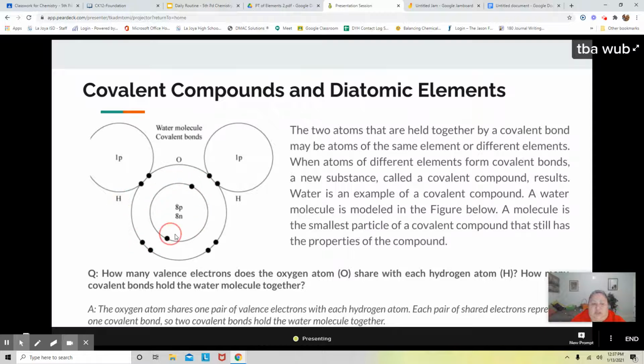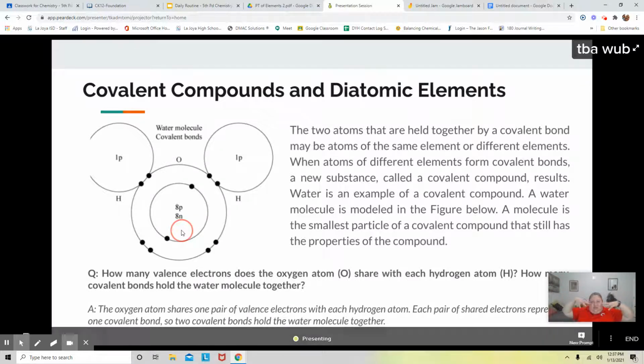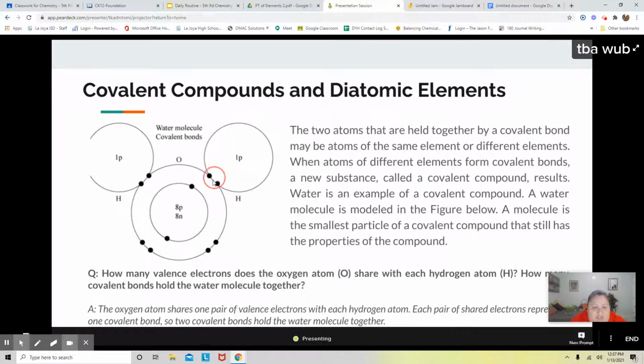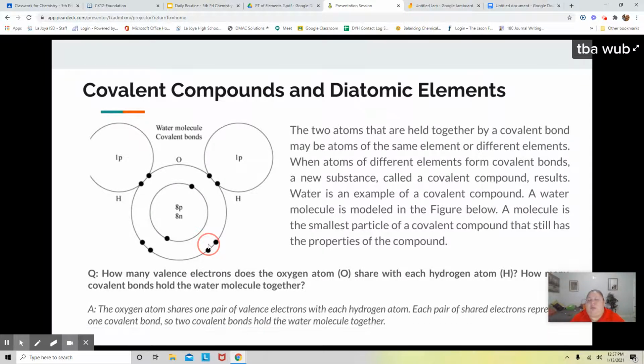Look at oxygen though. It originally had 6, but once those 2 hydrogens came and attached and brought one electron each, if you count your electrons, how many do you have? 2, 4, 6, 8. That is the octet rule. We're done. We don't need any more elements, atoms, or electrons. We already have those 8 valence electrons that we need.